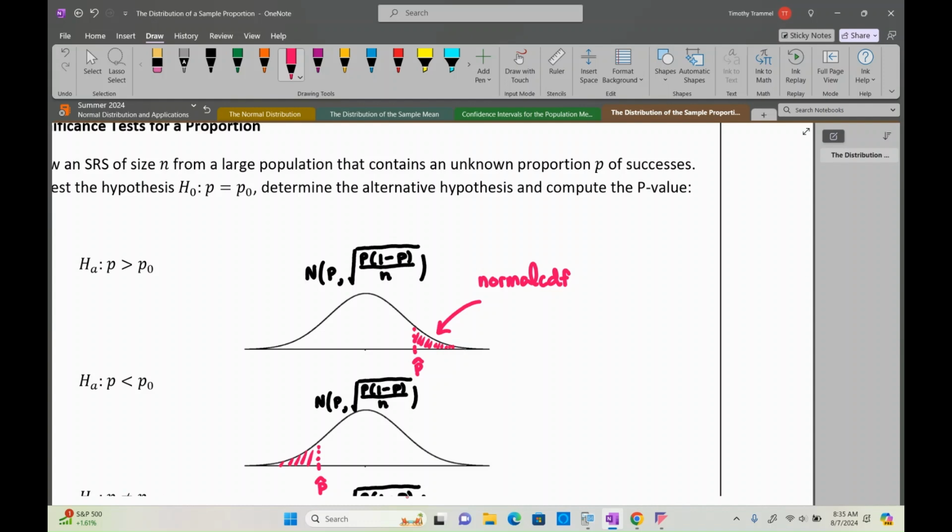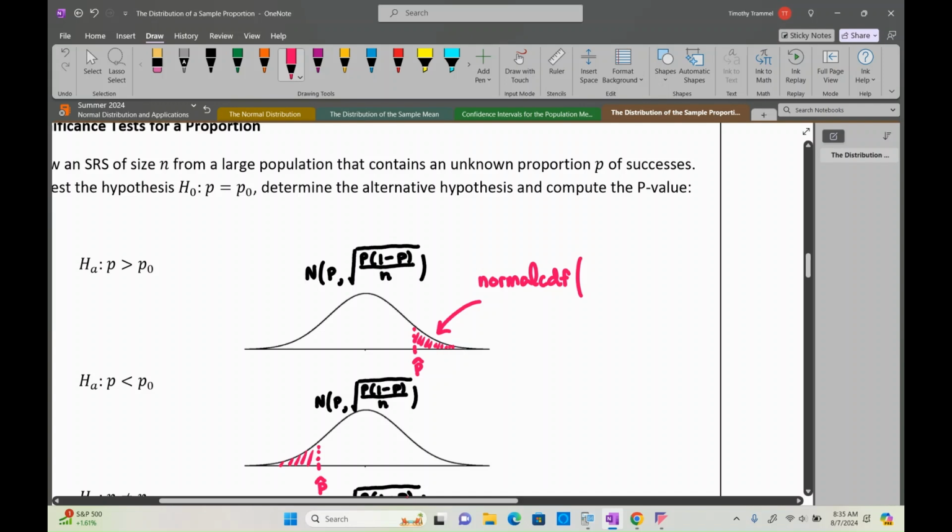But we have normal CDF. In this case, there is a lower bound, it's P hat. There is no upper bound, so I'll use E99.